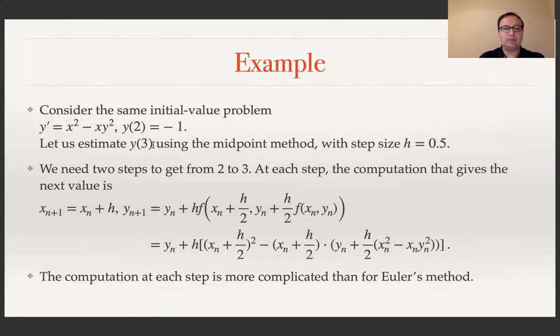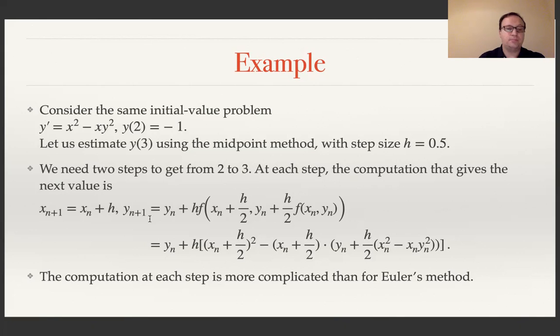Let's try to estimate y of 3 using the midpoint method with step size 1/2. So this means we're going to need 2 steps to go from 2 to 3. First we'll go from 2 to 2.5, and then from 2.5 to 3. But the computations at each step will be more complicated.